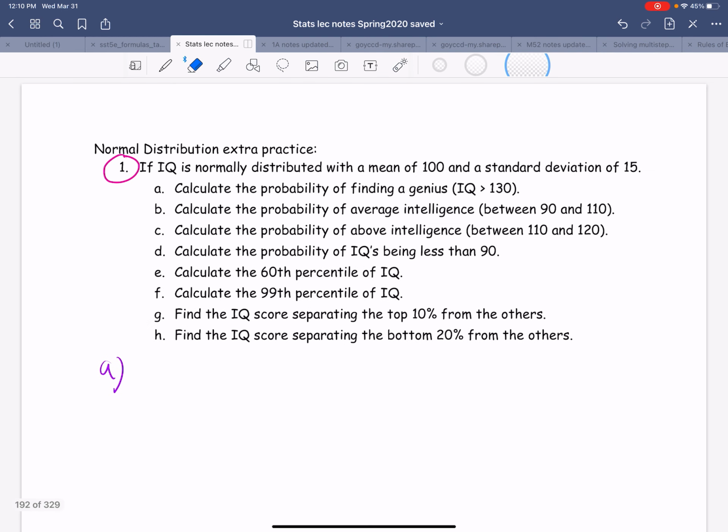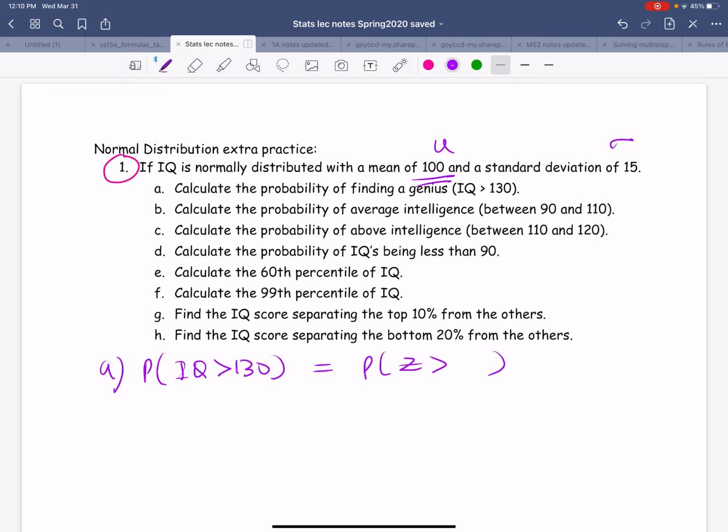So let's see this example. If IQ is normally distributed with a mean of 100, okay, so mean is 100 for IQ and the standard deviation is 15. Calculate the probability of finding a genius IQ greater than 130. Okay, what's the probability of finding IQ greater than 130? Now my goal is to convert the 130 into a z-score. Z-score is data value minus the mean divided by standard deviation, which is 30 divided by 15 is 2.00.